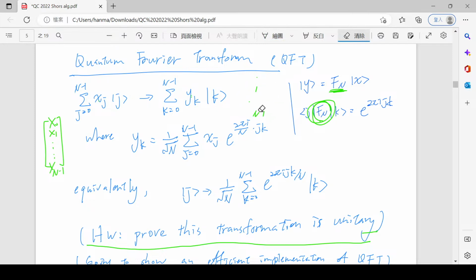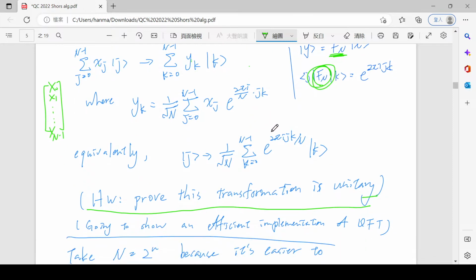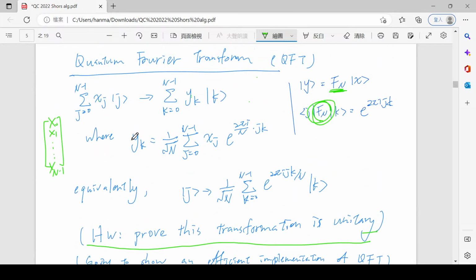So this is exactly the same as what we had before. yk equals 1 over square root n, summation j from 0 to n minus 1, xj e to the 2 pi i over n times jk. So that's your omega to the jk. Now there are multiple equivalent ways to write this, or you can think about the whole vector.